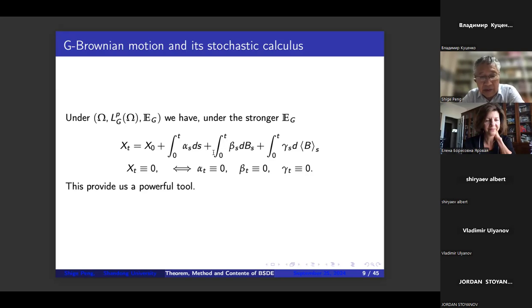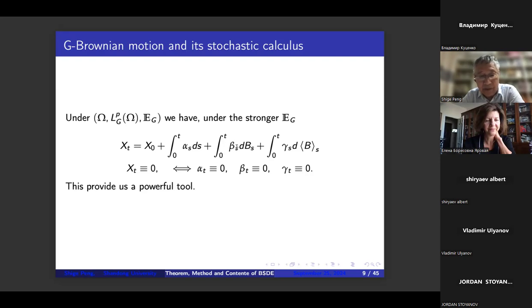And this can be seen like the derivatives of this function of path with respect to x.